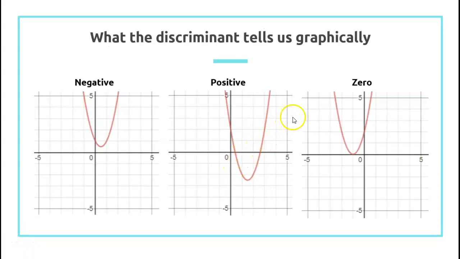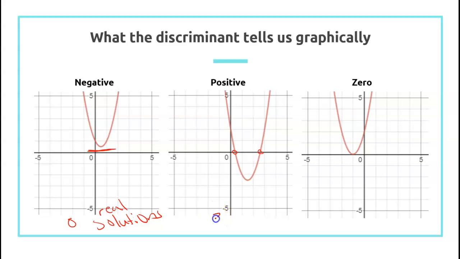So what does the discriminant tell us graphically? We're looking at 3 different graphs. When our discriminant is negative, there is no place where our graph crosses the x-axis. So we have no real solutions. If our discriminant is positive, we have 2 places where it crosses, and you might remember that these are called the x-intercepts or roots.